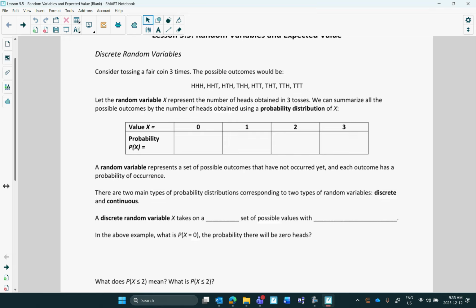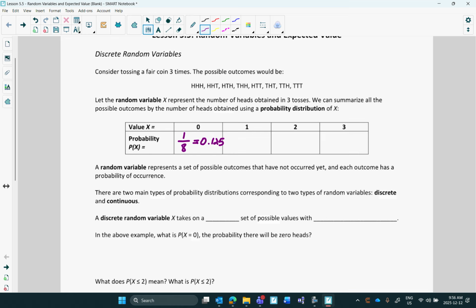What's the probability of getting 0 heads? If you look at all the possible outcomes, 1 out of 8, because we could get all tails, that only happens once. All the other ones have at least 1 head in them. And if we want to go to decimal, that's 0.125.